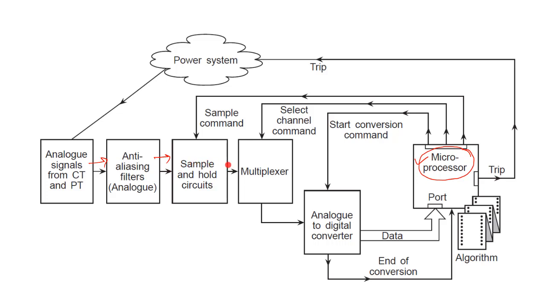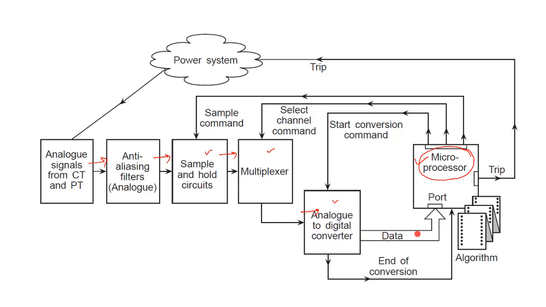Then we have sample and hold circuits, and then it is fed to the multiplexer, then to the ADC, right. So obviously the microprocessor gives signals to the multiplexer and sample and hold circuit, and based on that these are controlled, and they feed the signal to the ADC, right, the analog to digital converter.